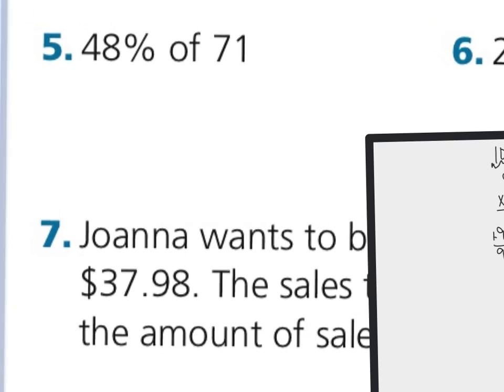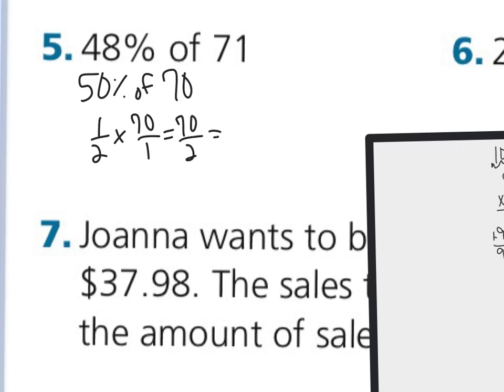Number 5, that's pretty close to 50% of 70, and that's half of 70, basically. And if you go and divide that out, you should get 35.